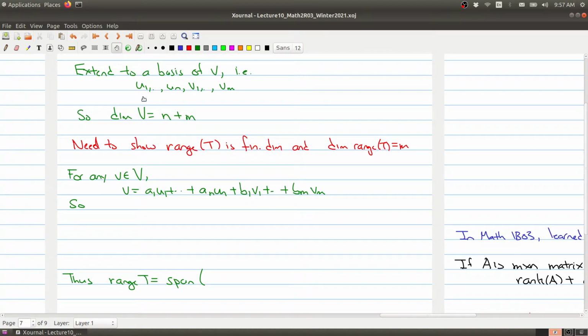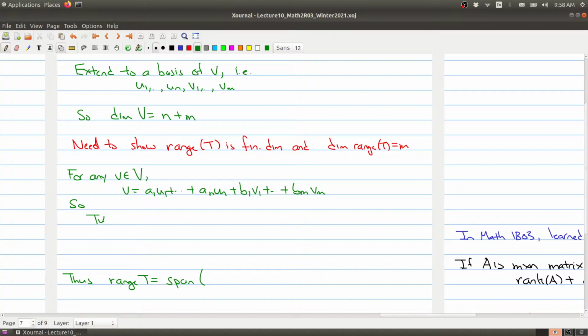Okay, so we have a basis for V: u1 up to un, and then v1 up to vm. That means that any vector v inside of my big space V I can write as a linear combination of these elements, which come from the basis of the null space plus the things that we extended it by. Now we hit v with our linear map.